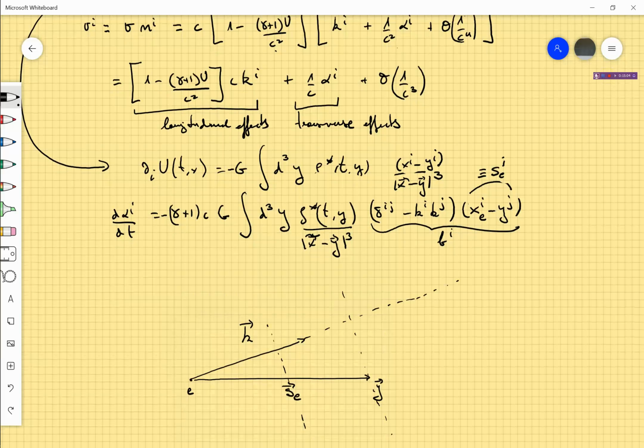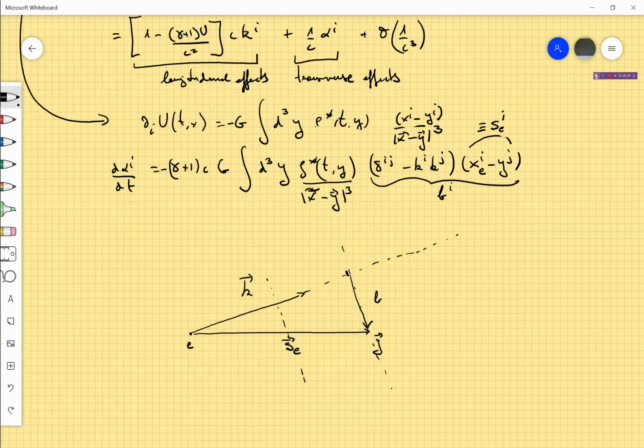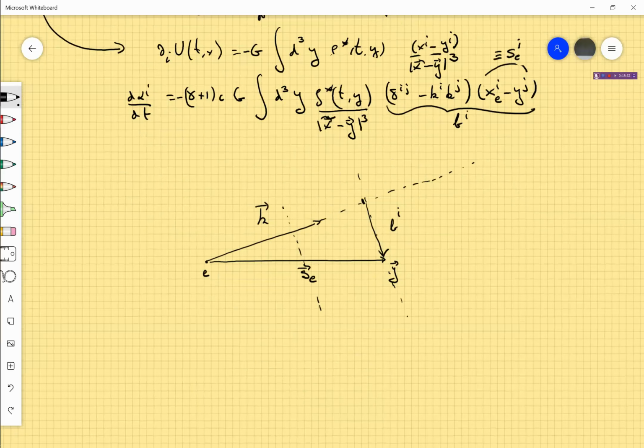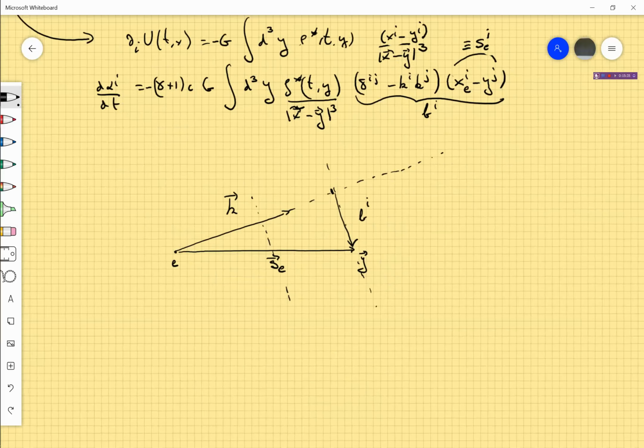All this piece would be the projection of S_E along the initial propagation direction, and this is the projection in the perpendicular direction, and clearly this is the impact parameter. Here this is expressed as a vector; the absolute value will be the impact parameter. Sorry for my drawings.